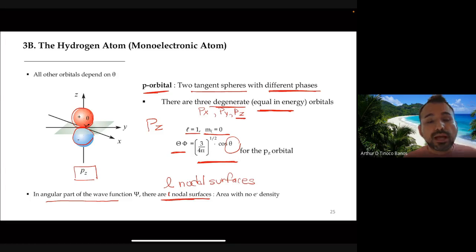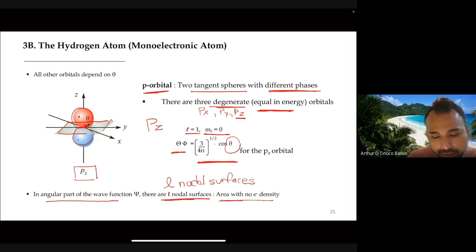Well, we already defined a node. We defined the node as a location where there is no probability of electron density. Here in this context, this is an area with no electron density. I talked about the p orbital before, so now we're going to look at it even more closely. We're referring to this pz orbital. At the origin, there is actually a distance between these two lobes, and that distance is defined by this plane.